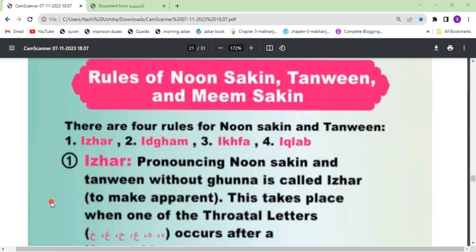Sometimes the letter Noon is very clear in their pronunciation, and sometimes that Noon is very hidden, right? So when are we going to make the hidden sounds for the Noon, and when are we going to make the clear sounds? These are the things that we have to discuss in this specific ruling.